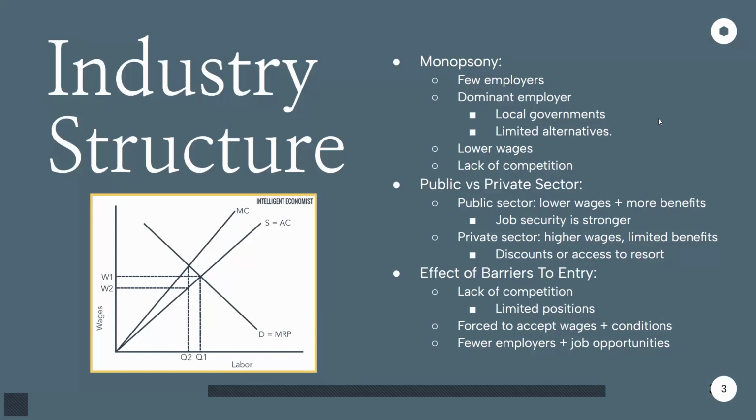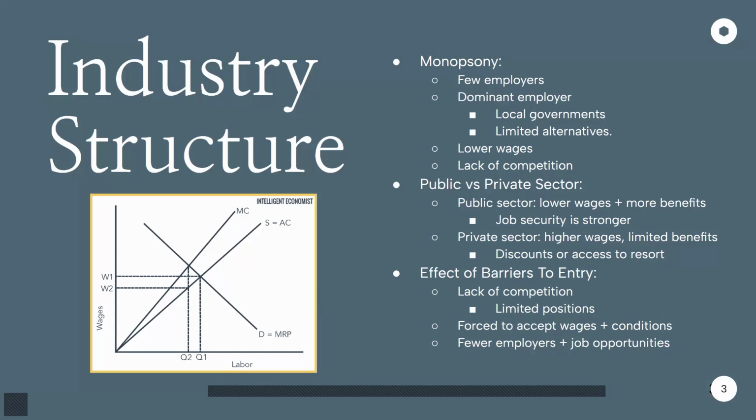Okay, first off, the industry structure. The market would be considered a monopsony. This is because there are few employers, such as local governments or private resort owners. This means that usually, or most likely, there are dominant employers who are given a lot of power over the wages and working conditions.